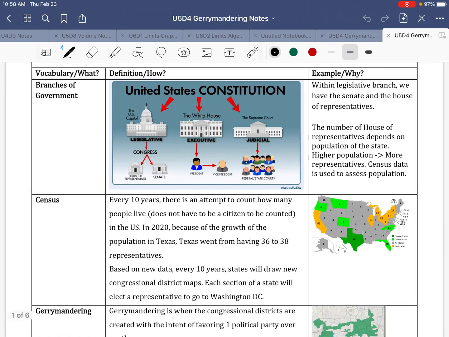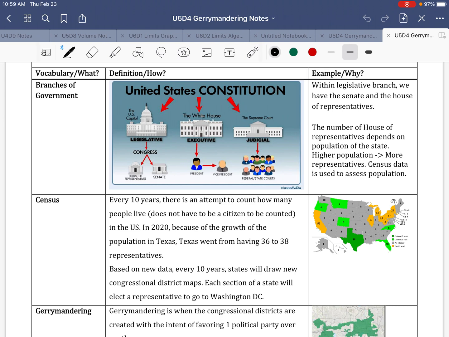So, in order to understand gerrymandering, there's a couple of U.S. government things that we need to understand. First, our United States government is broken up into three branches: our legislative, executive, and judicial. As we are talking about gerrymandering, we're in particular looking at our legislative branch, which is also split into Senate and House of Representatives.